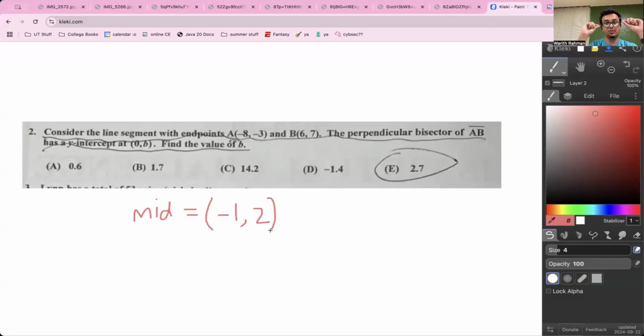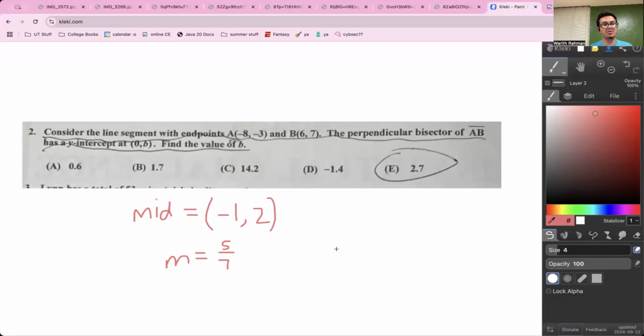Then we also need to find the slope between A and B, like if there's a line going between them. So we notice that the change in y is +10, and the change in x is +14. So 10 over 14, or we get our slope is 5 over 7, right? Now, what does this tell us? If our slope is 5 over 7 and we want the perpendicular bisector, we need the negative reciprocal to find the slope of the perpendicular bisector, which in this case is -7/5.